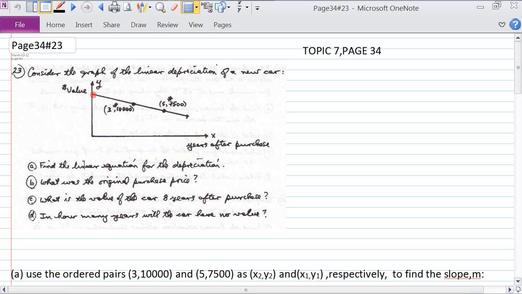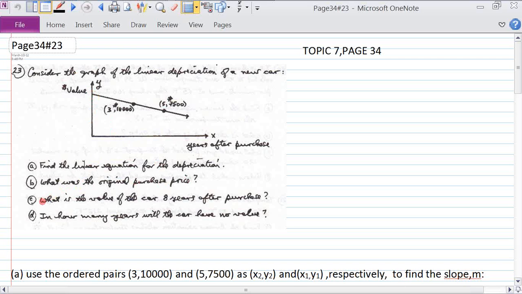And right here is the original purchase price, because this is X is 0 right here. The y-intercept, or B value, gives us what the car was when it was bought. What was the initial value of the car? So that's the B value, and that's the value here.